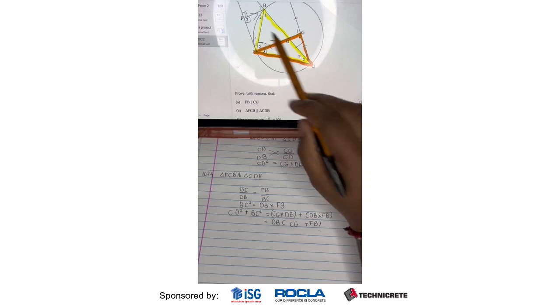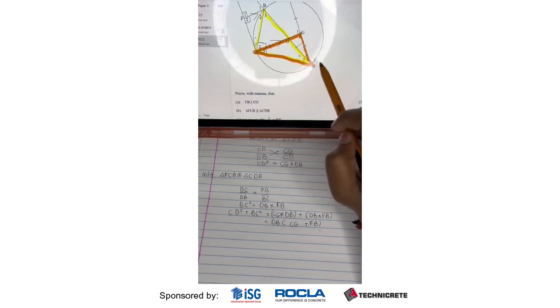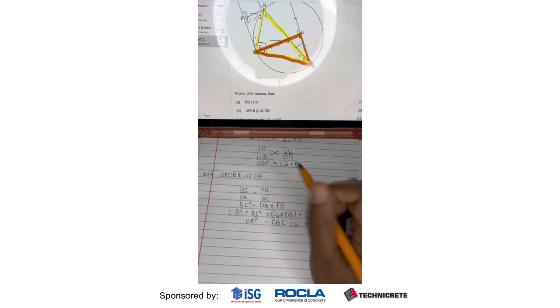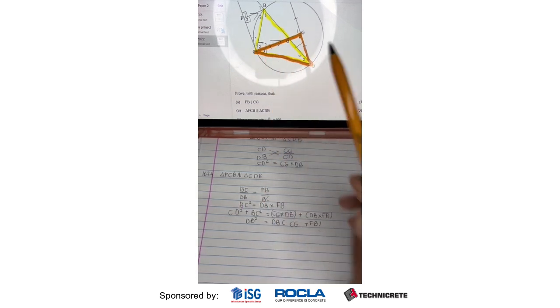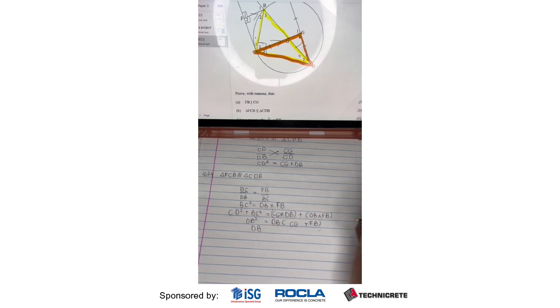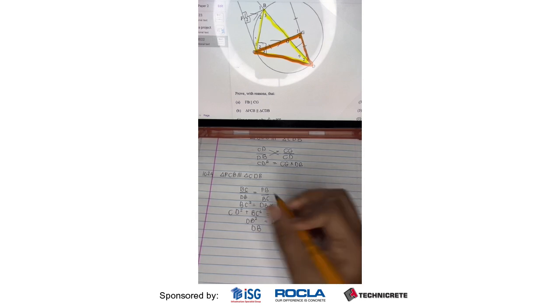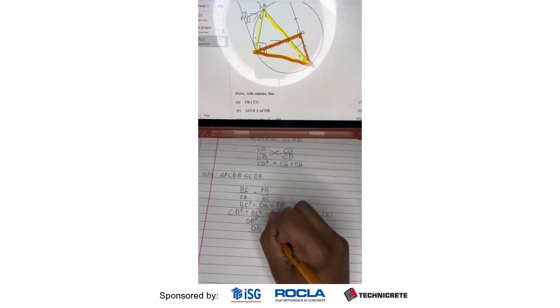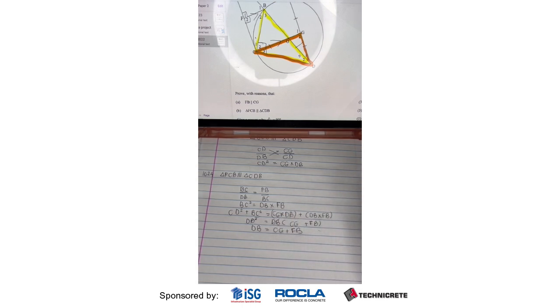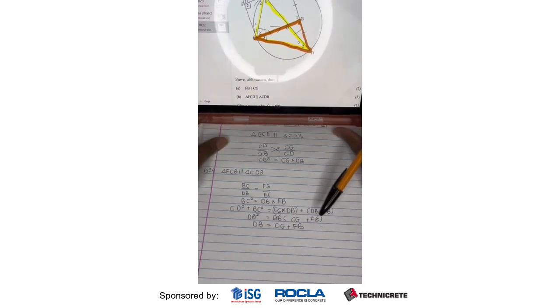So both of them added together is going to give me DB squared because of Pythagoras. And now I have what I need. Because I can cross multiply, I'll be left with DB equal to CG plus FB. And that's the final answer.